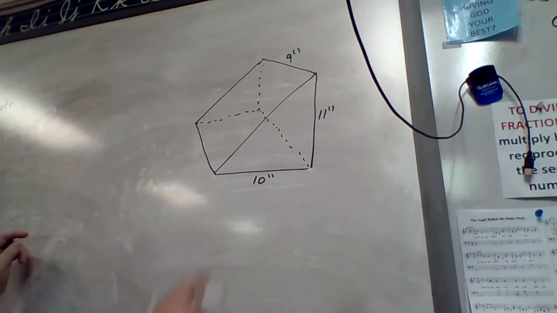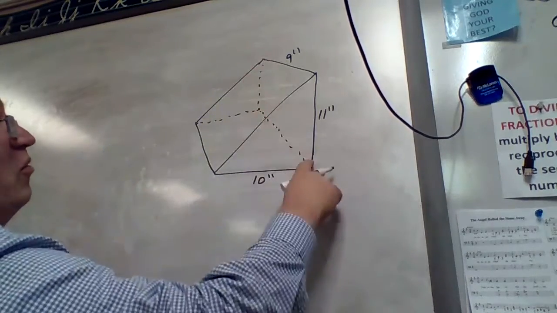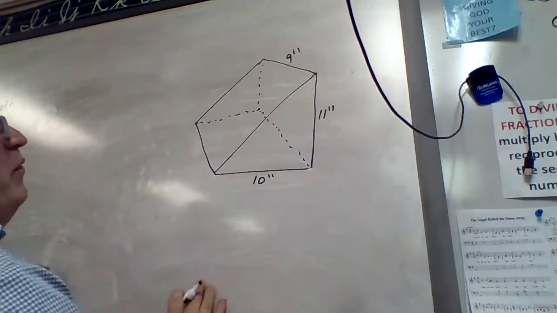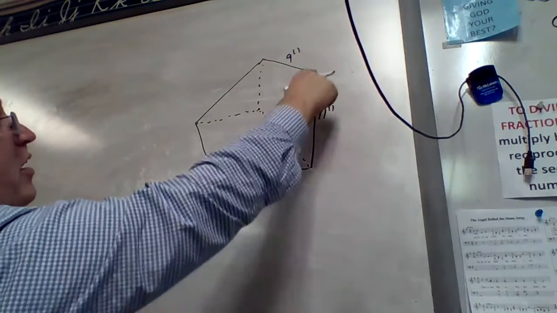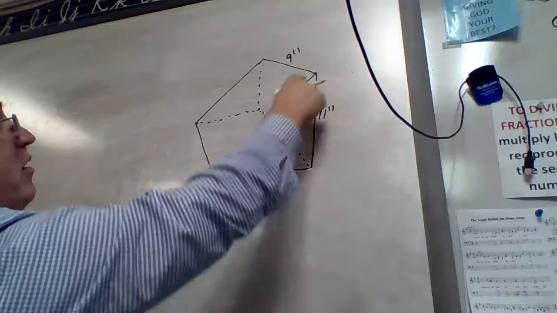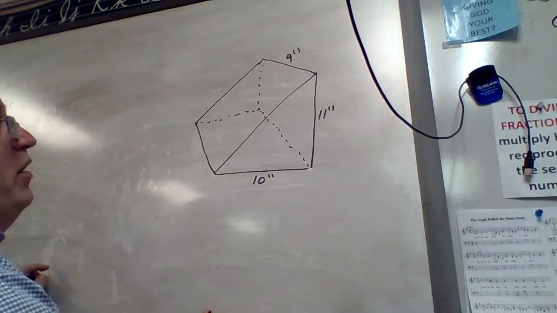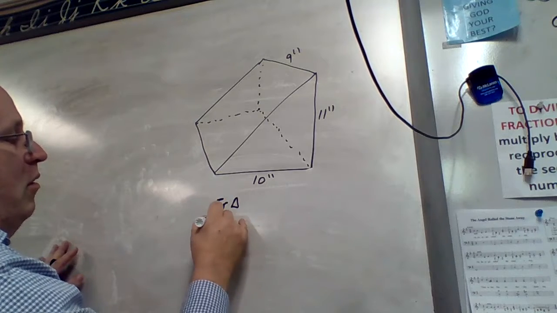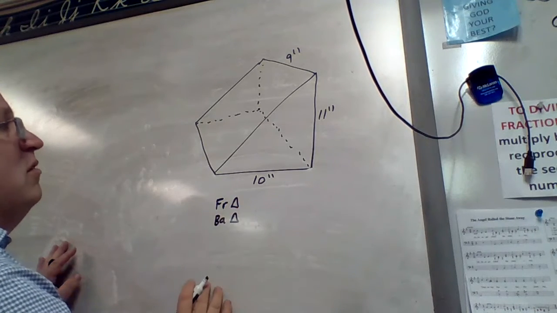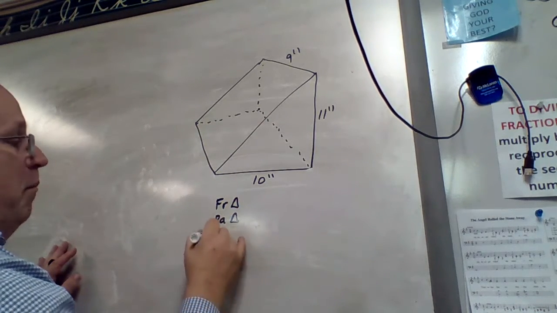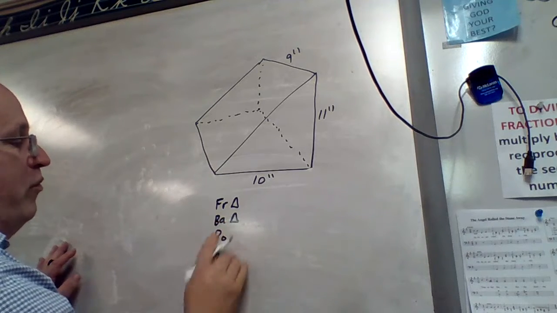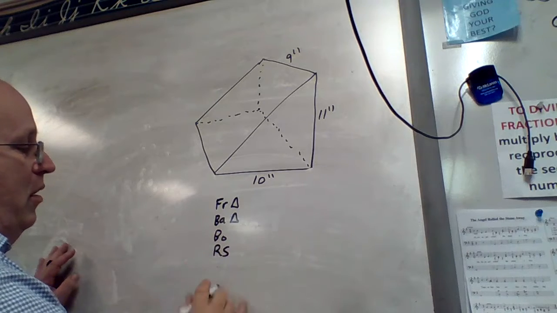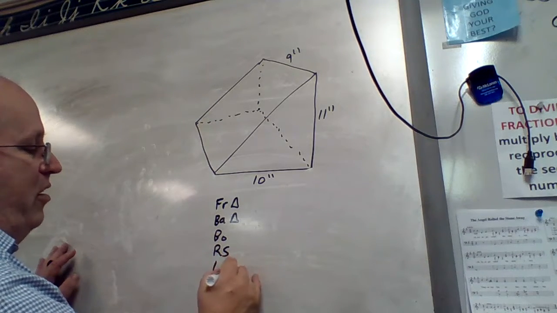And there's a right-hand side face that's right here. It's on the right-hand side of it. And finally, we have a left side slanted face right here. So that makes a total of 5 faces. So I'm going to talk about front triangle, back triangle, bottom, BO for bottom. I'm going to talk about the right side, and the left slanty side.